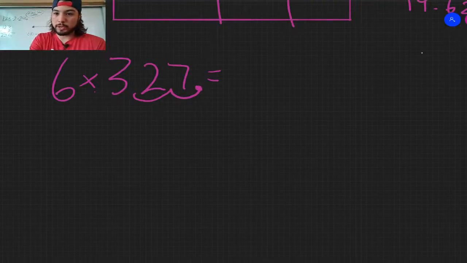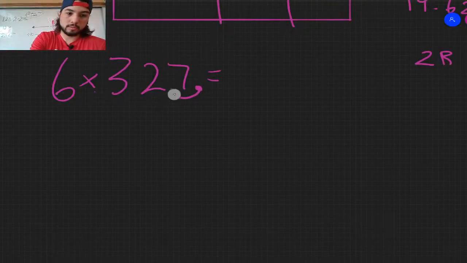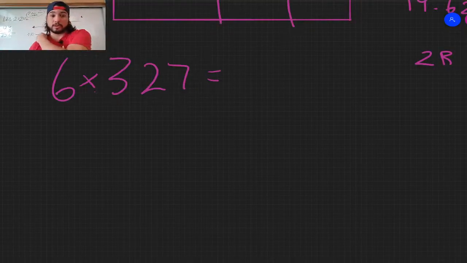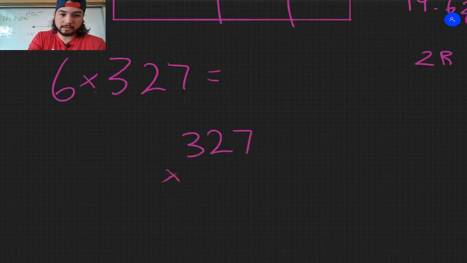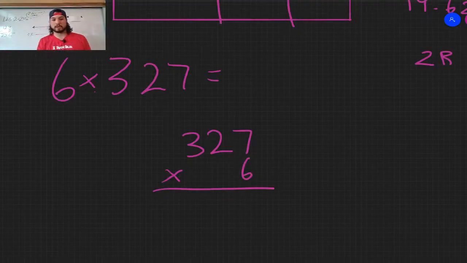So I'm going to make a note for myself, 2R for 2 right, or 2 places greater. I could do times 100, essentially what we're doing here. So then we're going to do 327 times 6, and then we'll divide by 100 at the end by moving our decimal point 2 places to the left.